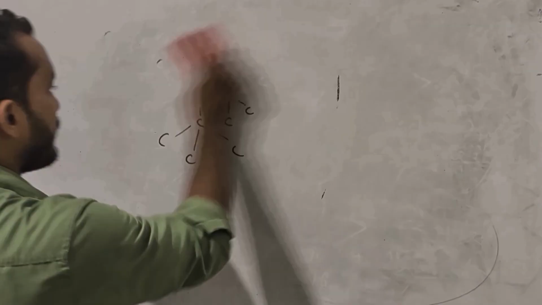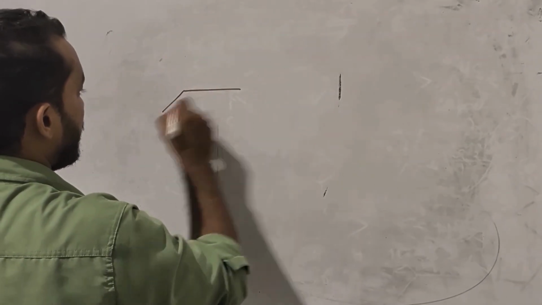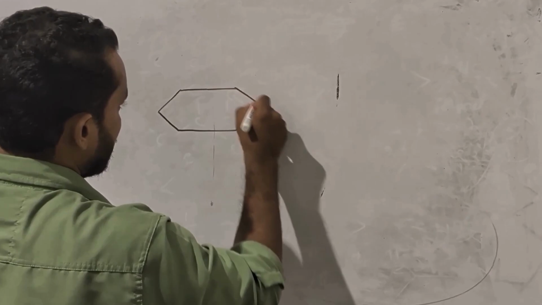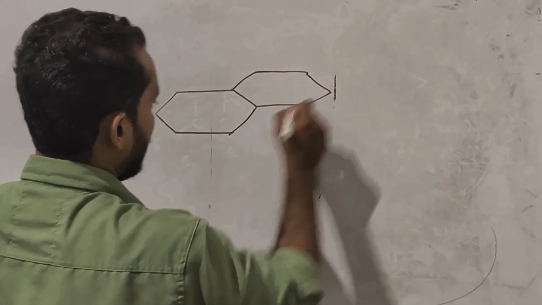But in case of graphite, the arrangement of carbon is different. Carbon atoms are arranged in hexagonal rings.